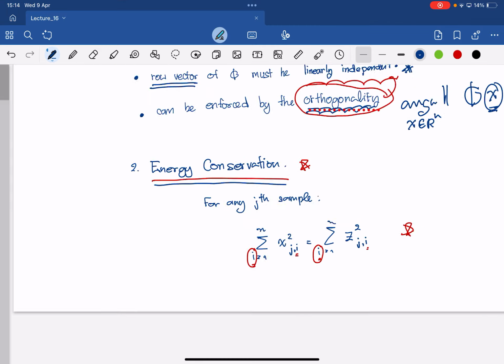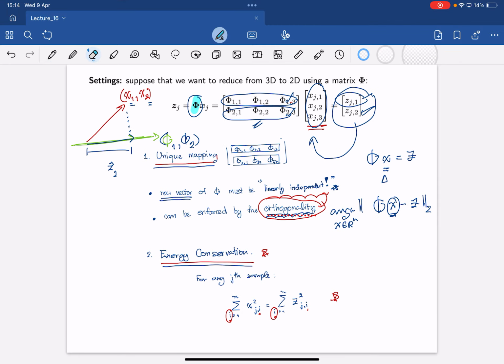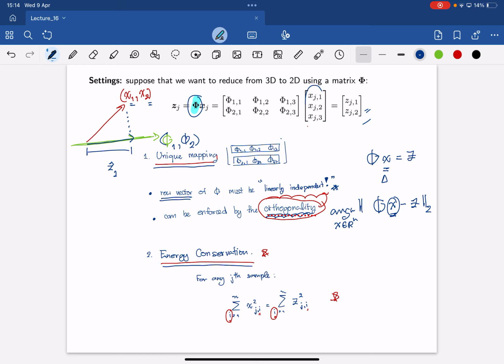What energy conservation means is that, let's say you have your X data here and you want to make sure that the data you reduce to is consistent. Another way to check that is to ensure that the energy of your data before and after is about the same level.